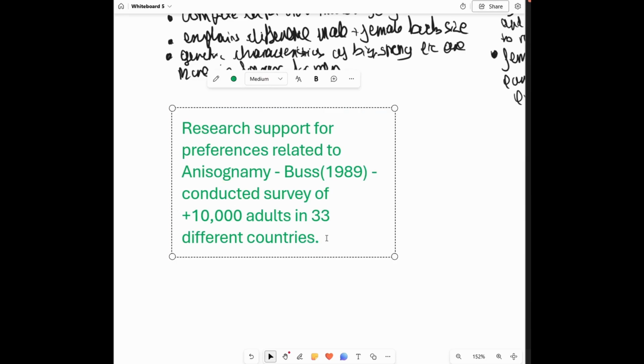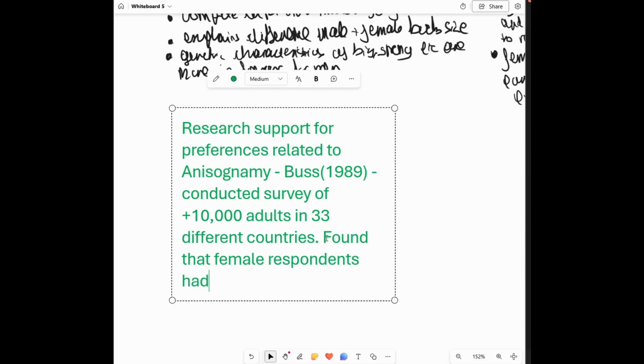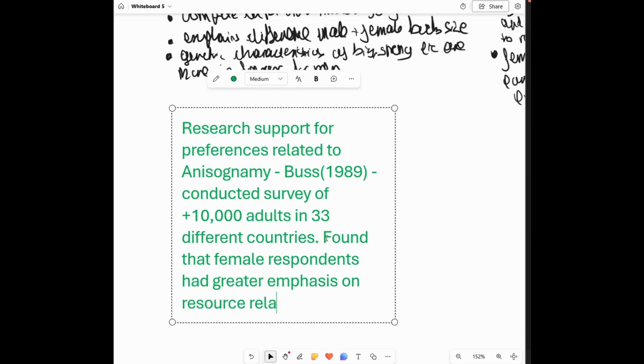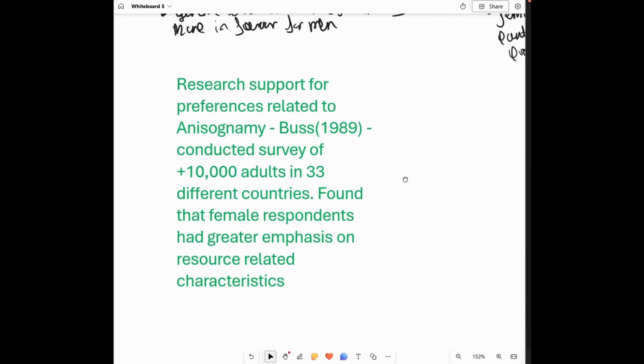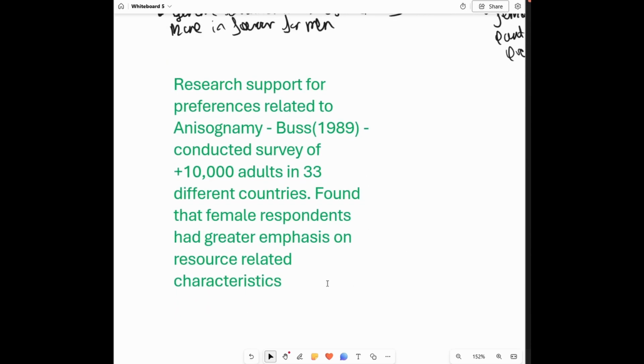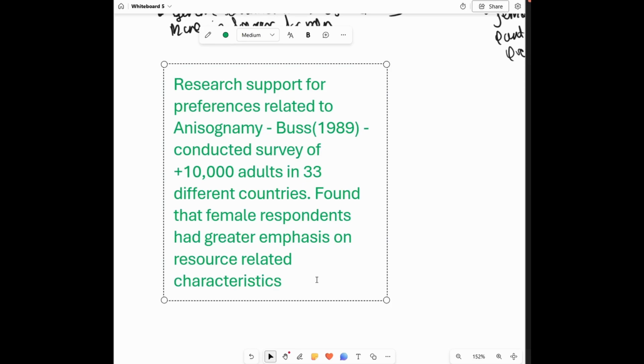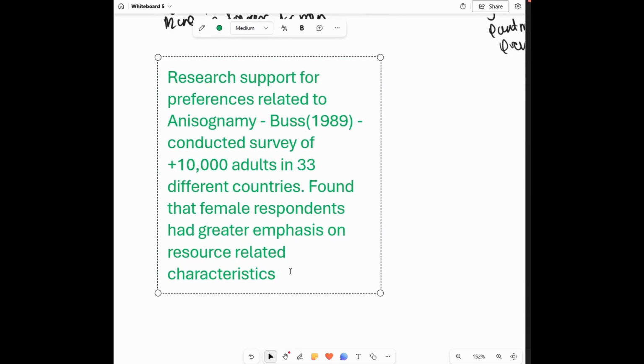It was found that female respondents had greater emphasis on resource-related characteristics. So they have a stronger emphasis on somebody who provides them with resources, basically like money, food, shelter.